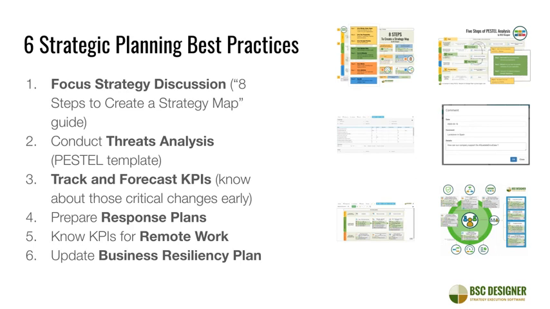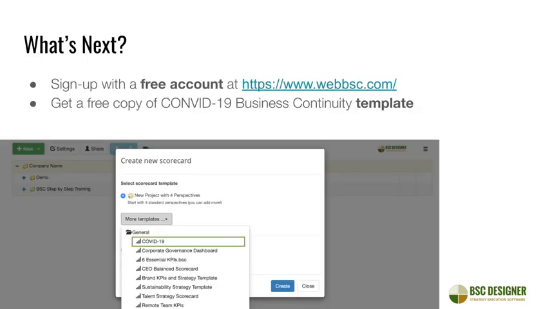Probably the corporate governance needs to discuss how all the current events will affect business in the long term, and how the business can be prepared for future events like this. So that's what I wanted to share with you, these 6 best practices for strategic planning in the context of this COVID-19 threat.